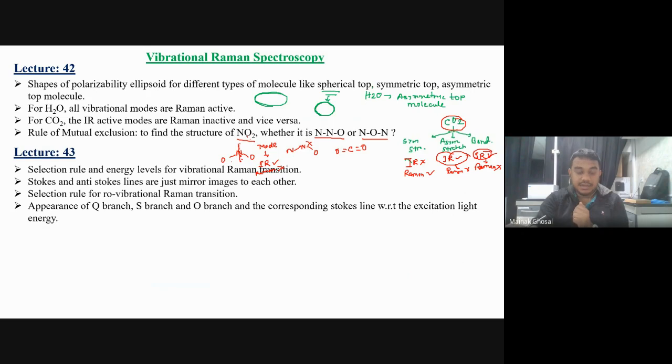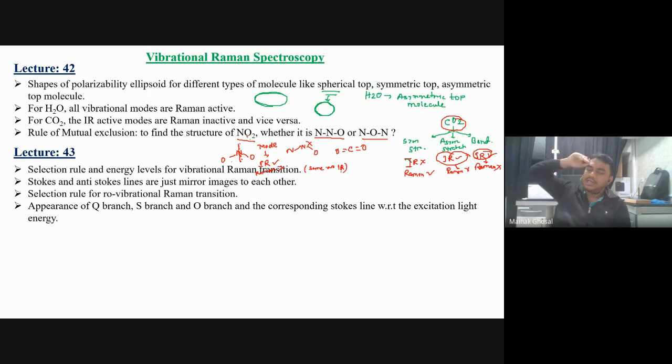Next, in the next lecture, there was a discussion on vibrational Raman spectroscopy. It was shown that the selection rule and energy levels for vibrational Raman transitions are just the same as IR. There is not much change.